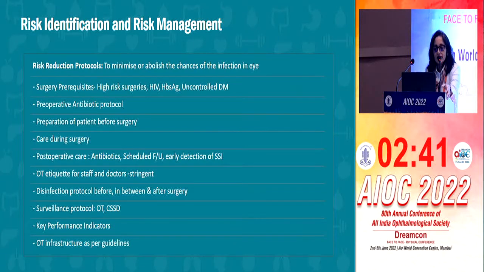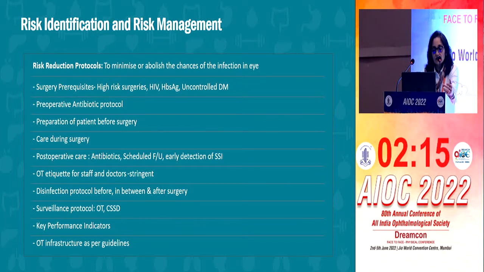Now, what is risk identification and management, or risk reduction protocol? This is to minimize the chance of infection in the eye, and for this we will include all these points, like the surgery prerequisites in case of high-risk surgeries or people who are HIV or HBsAg positive, and the antibiotic protocol should be included.